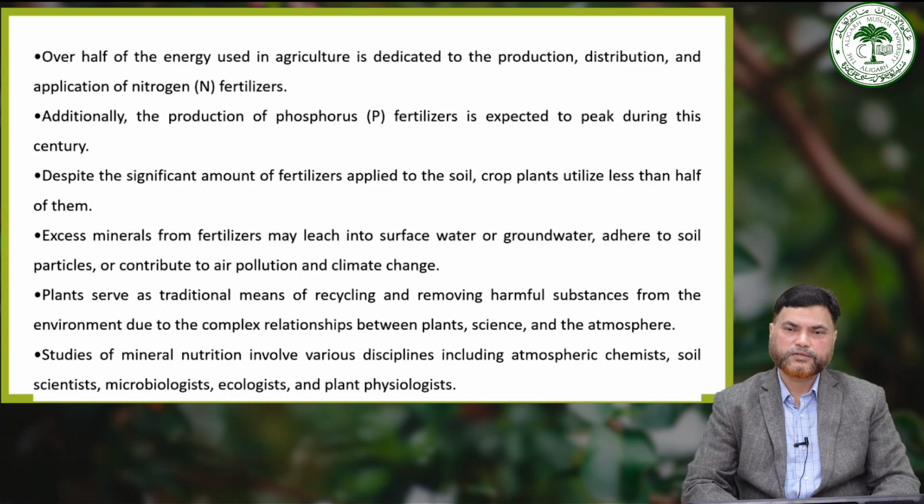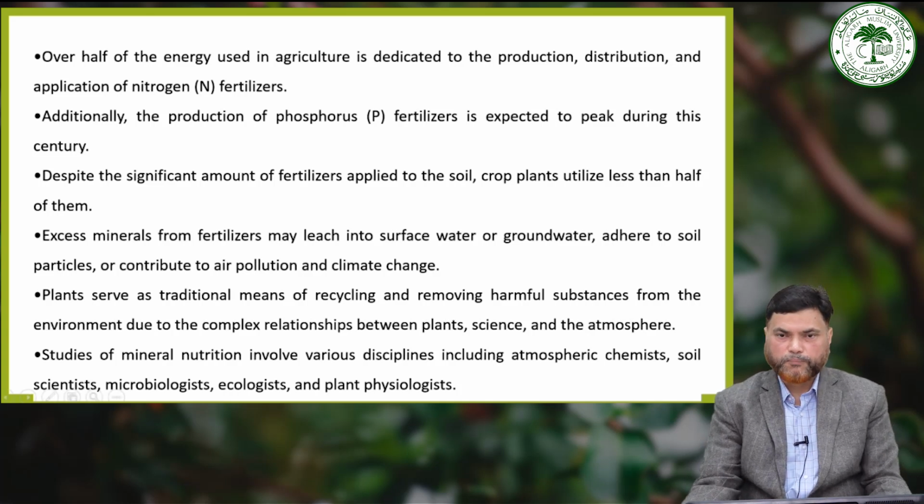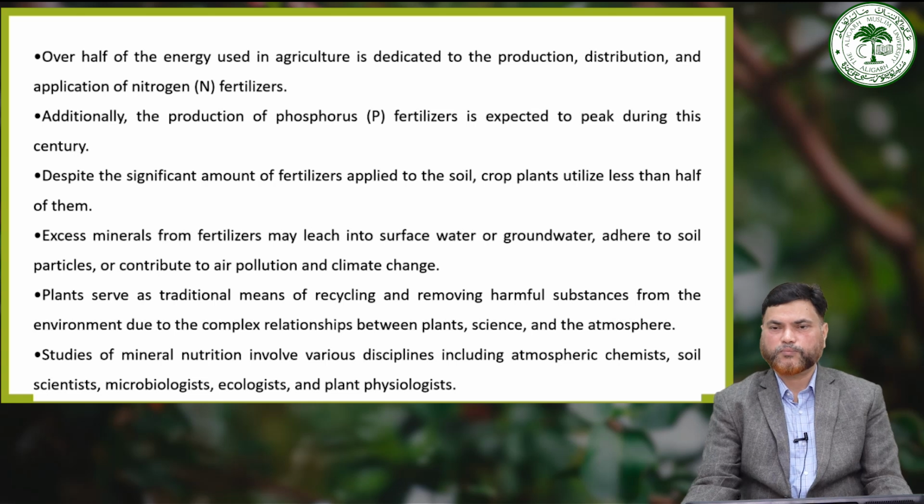However, despite the substantial investment in fertilizers, crop plants utilize less than half of the nutrients applied to the soil around them. So, utilization efficiency is at present at how much? Only 50%.